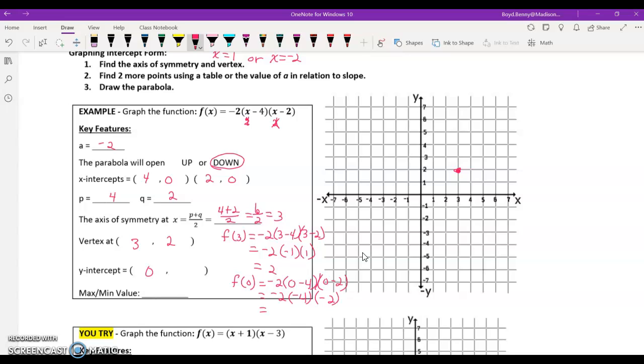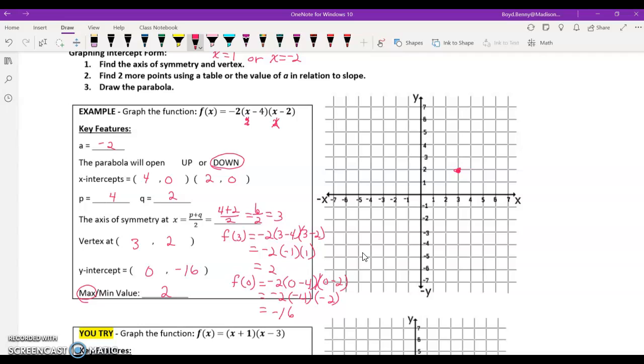Let's see, that's going to be negative 8 times negative 2... 8 times 2 is 16, so negative 16. Wow, can't place that on my graph, but it is negative 16. My minimum or maximum value, since this is opening down, is going to be a maximum. And the maximum, again, is going to be the y part of the vertex, so the maximum value would be 2.